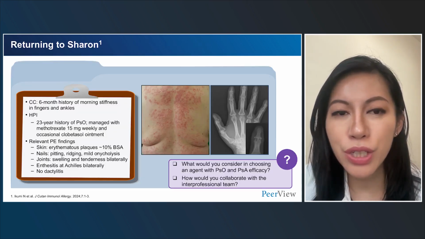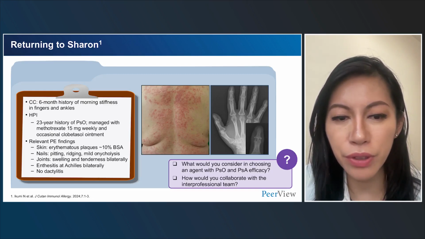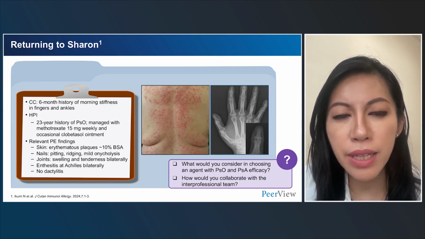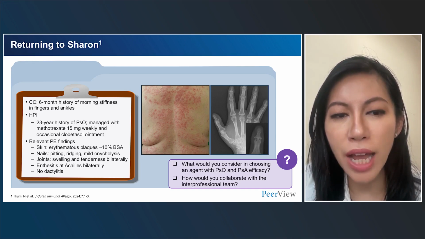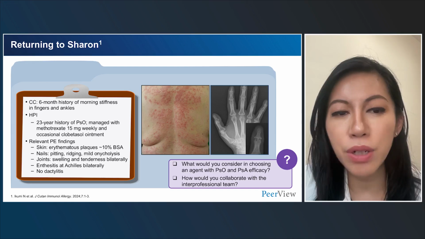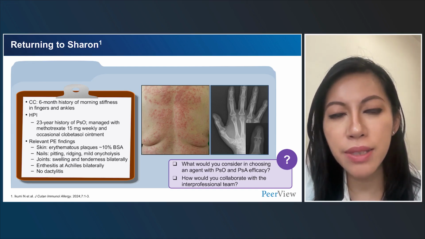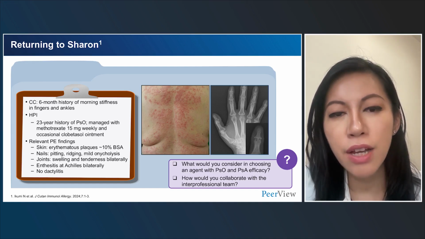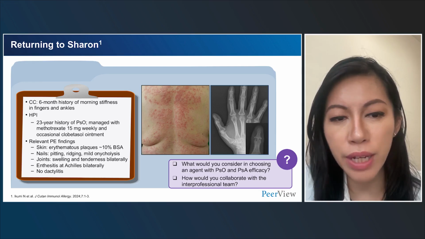Okay, let's return to Sharon and let's take a look at Sharon here a little bit further. So in Sharon, we note that Sharon had been on methotrexate 15 milligrams weekly and some occasional use of clobetasol. So Sharon is now being managed by a traditional oral therapy, methotrexate, for both psoriasis and psoriatic arthritis.